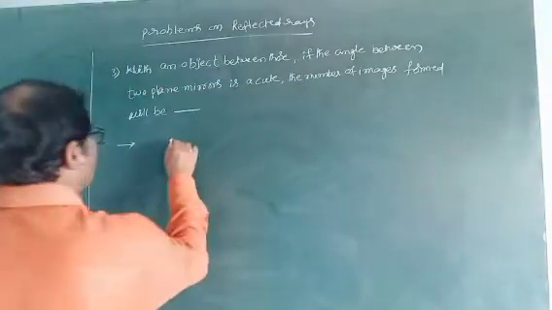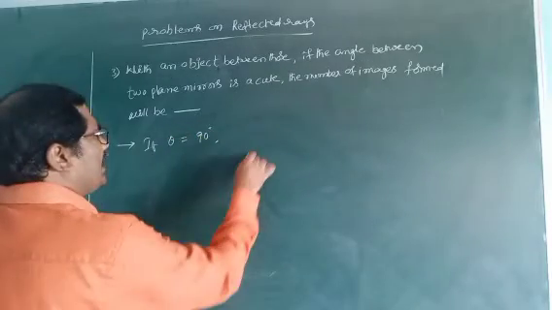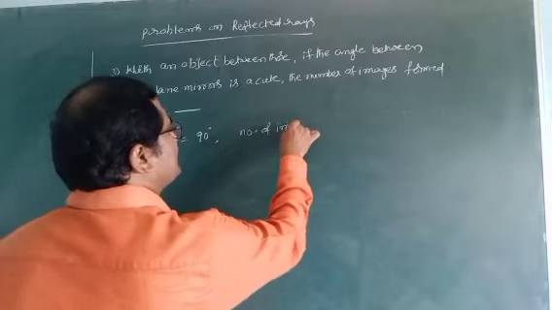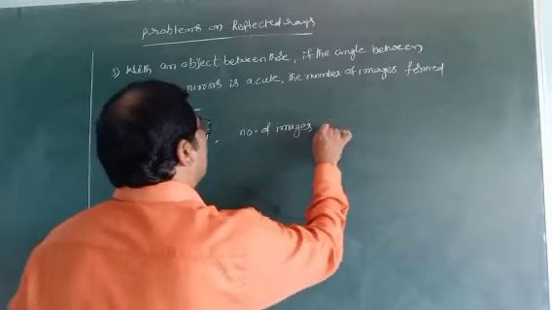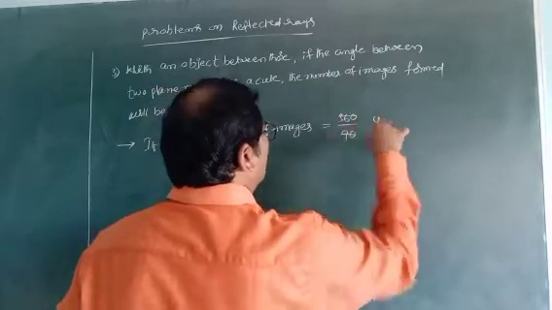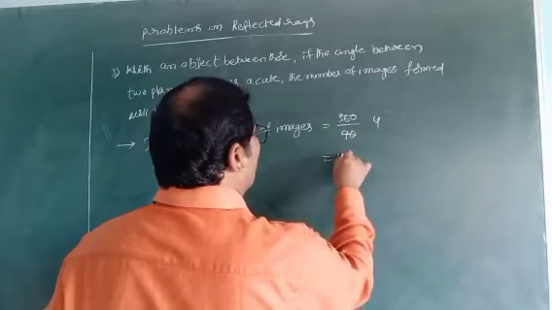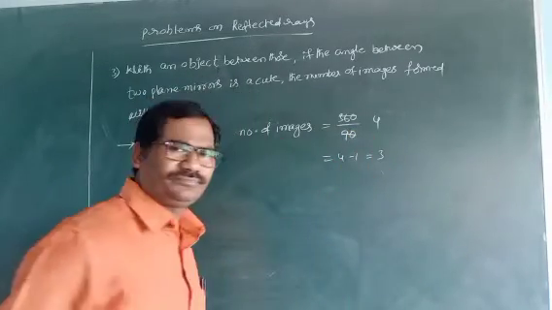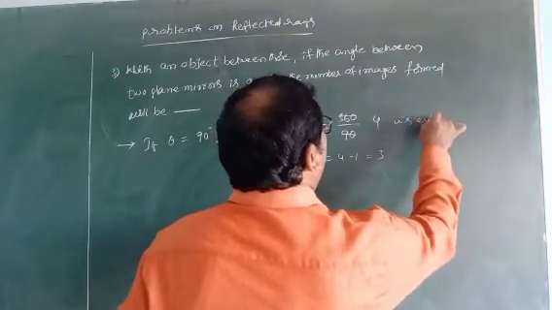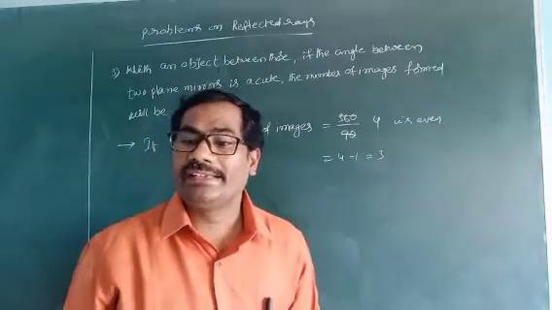So theta equals 90 degrees. 360 by theta, 360 by 90, is 4. The number of images is 4 minus 1, which is equal to 3. Since 4 is even, the number of images formed is only 3.